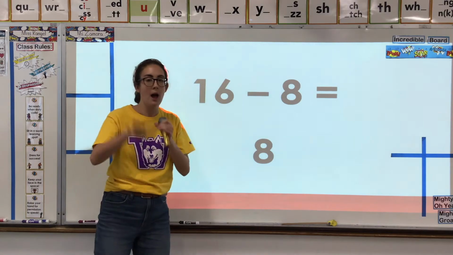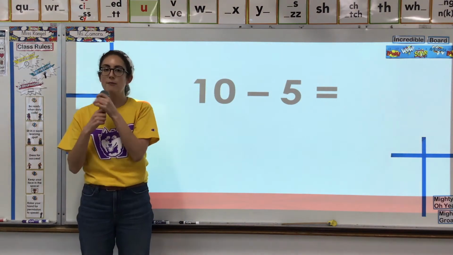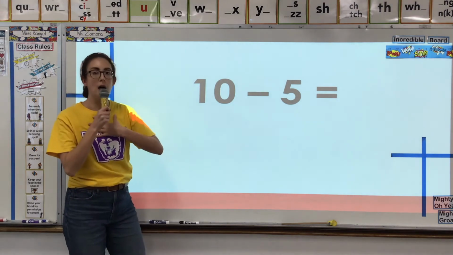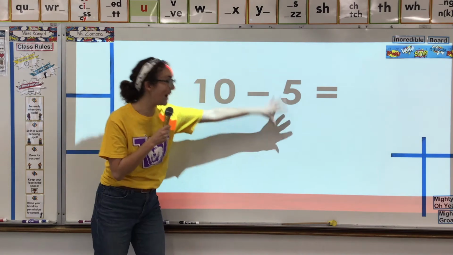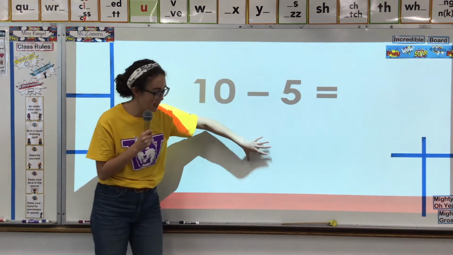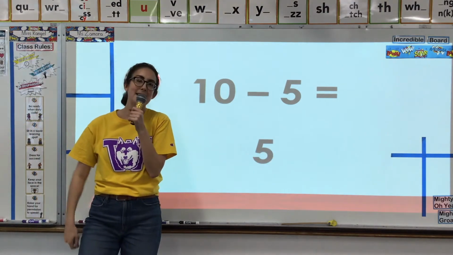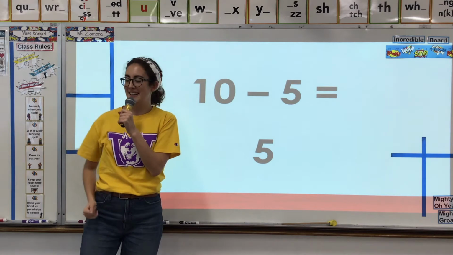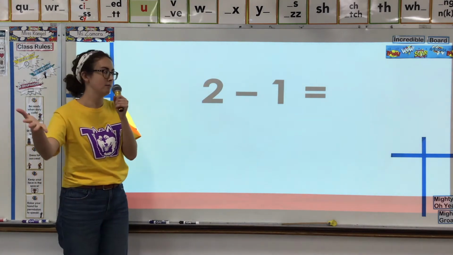Okay, just a few more. Let me hear you. 10 minus 5. What is that? I know 5 plus 5 equals 10. So 10 minus 5 equals exactly the same, just 5. Okay, next one. 2 minus 1. Really quickly.